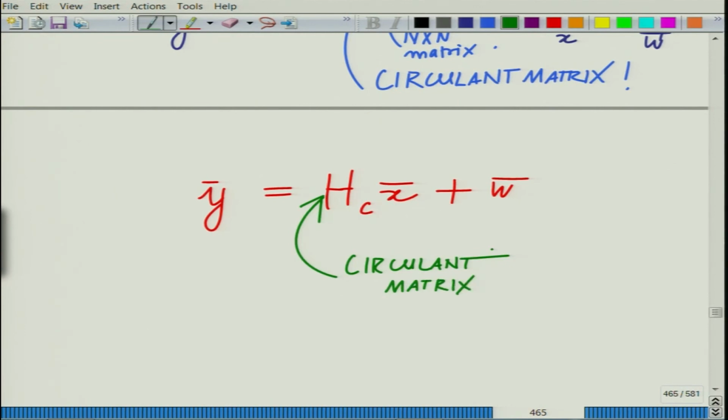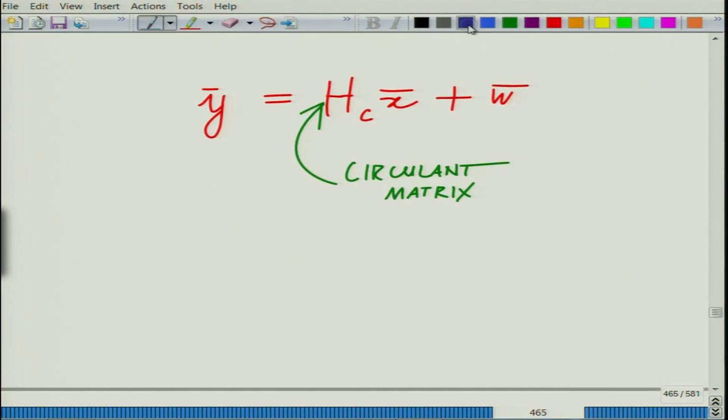which means that each row is obtained by right shifting the previous row.